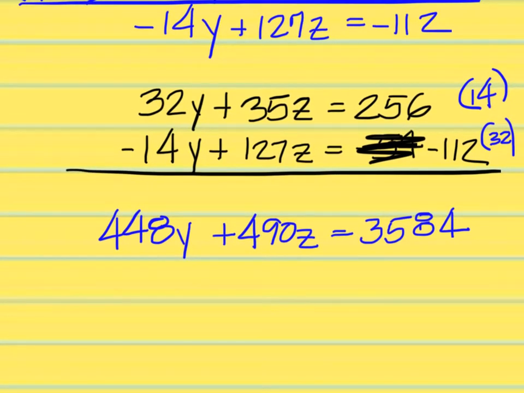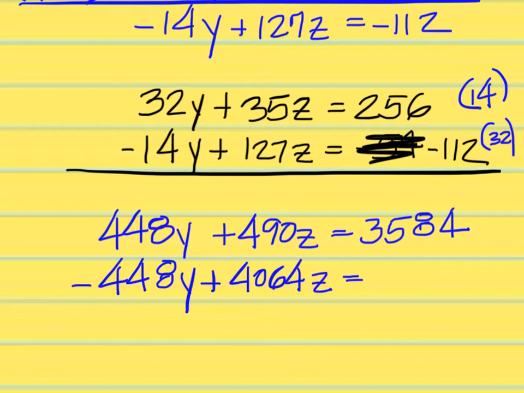On the bottom, 32 times a negative 14 is going to be a negative 448y. And then we'll have 32 times 127 is 4064z. And then 32 times a negative 112 is a negative 3584.